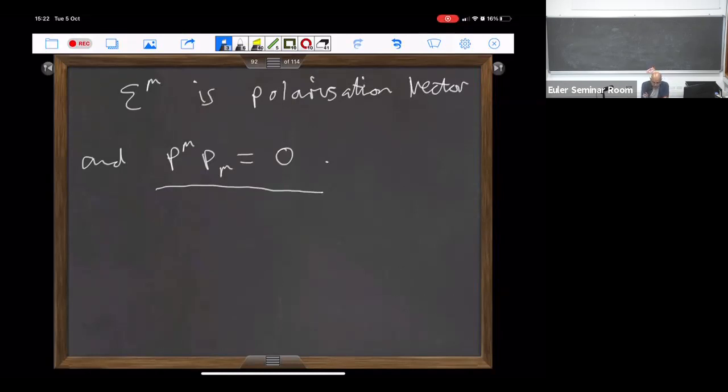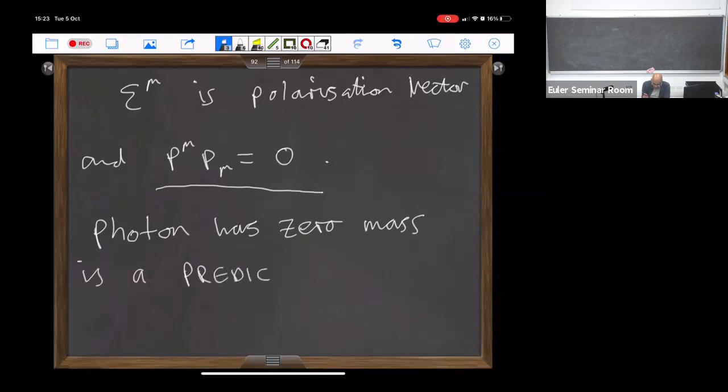Well, now it's equal to 0 because the photon has 0 mass, which, by the way, comes out automatically from this Lagrangian. So that's actually a prediction of this theory.